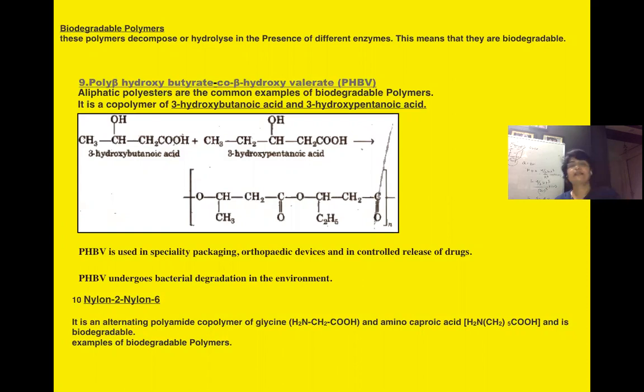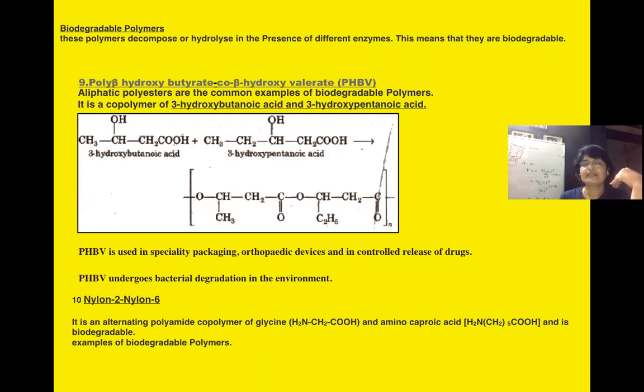And where exactly they are combining? 3-hydroxybutanoic acid, COOH का OH will be combining with OH of hydroxy area. So this way combination takes place and results in the formation of polymers. It's used in special type of packaging, orthopedic devices, and controlled release of drugs.